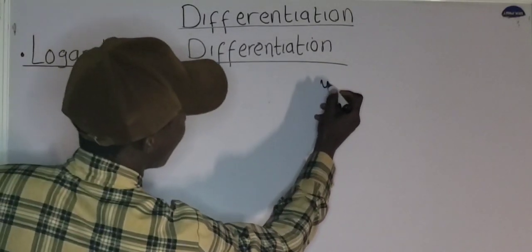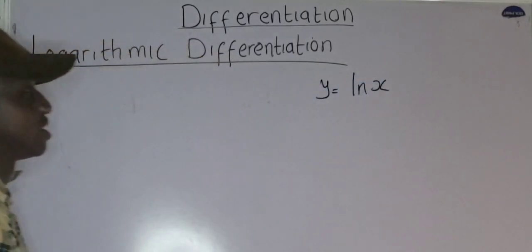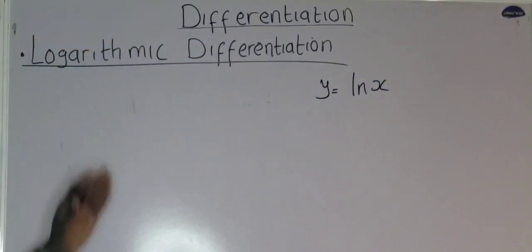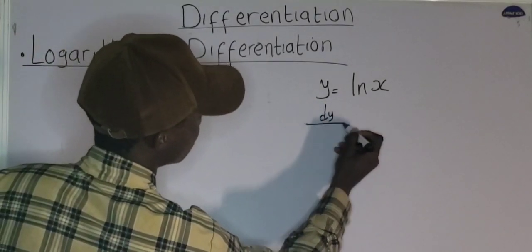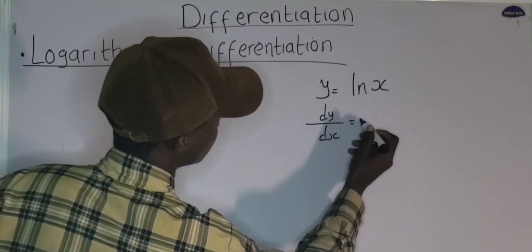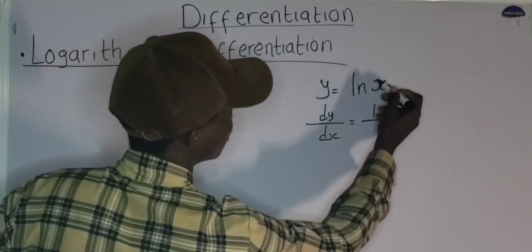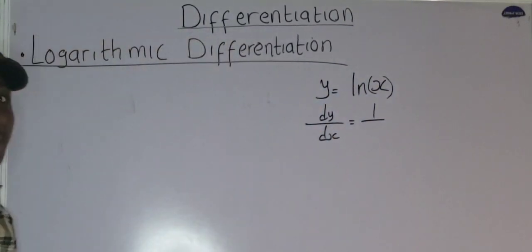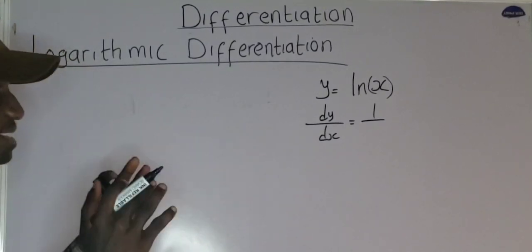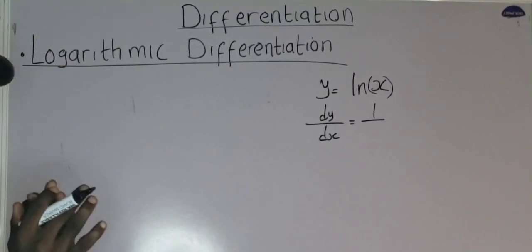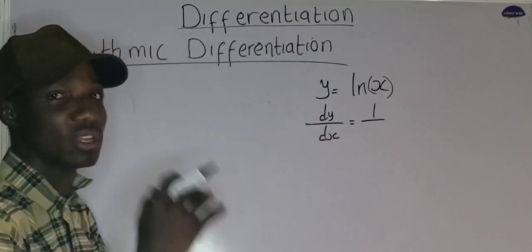Let's say y is equals to natural log of x. According to logarithmic differentiation, the derivative of y, which is dy with respect to x, is equals to the inverse of the function inside the bracket. In most cases, you might not have the function inside the bracket, but anytime you are asked to differentiate a logarithmic function, we take the inverse of the function in front of the logarithmic function.